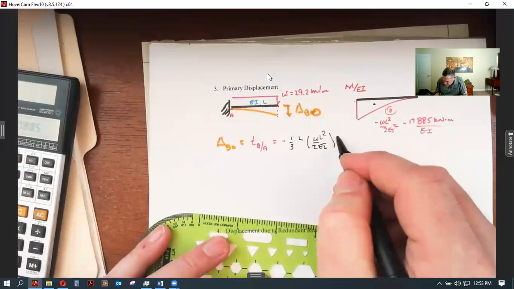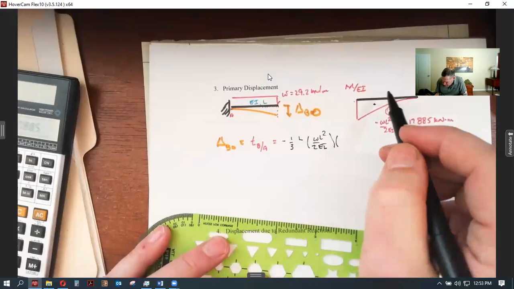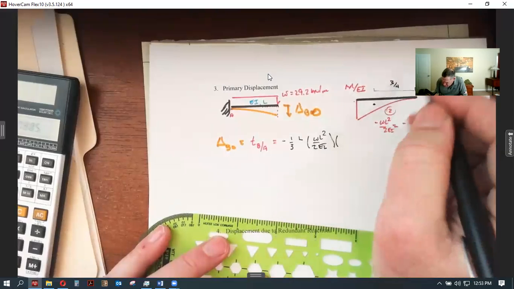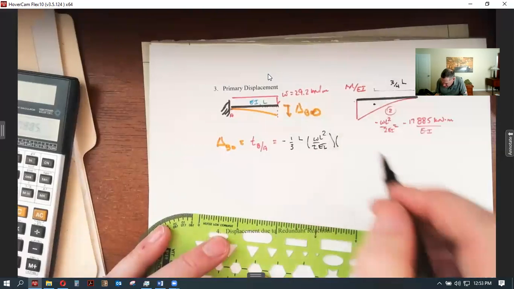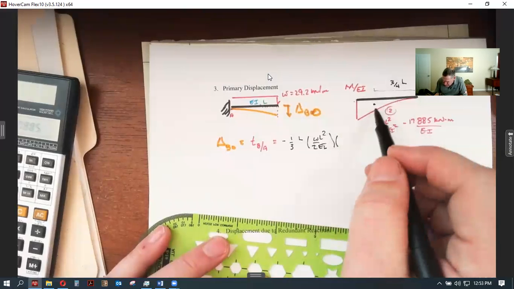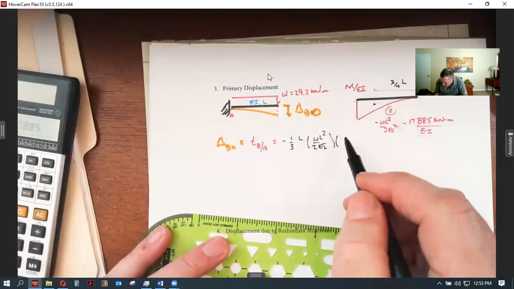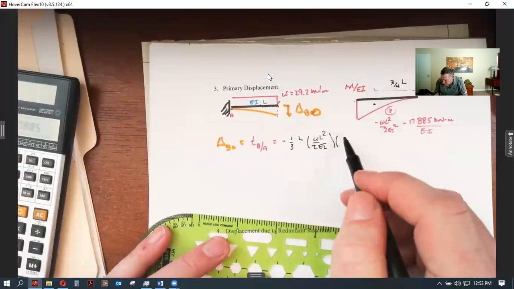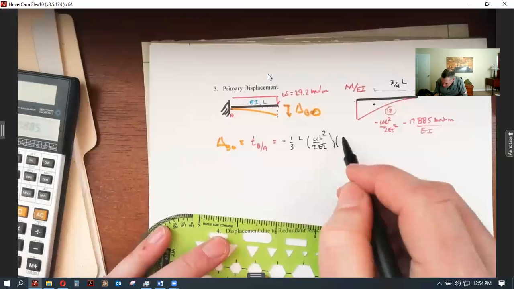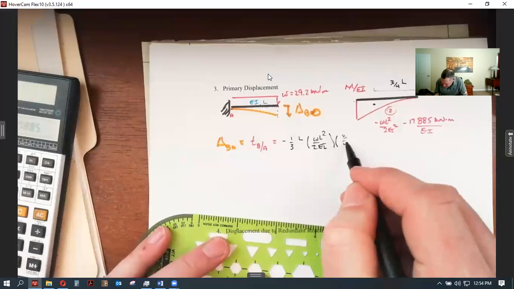And then we've got the moment arm, and you might have to look that one up, but that will be 3/4 of L, right? The triangle would be 1/3, 2/3. In this skinny parabola, it's the 1/4, 3/4. And if it was cubic, it would be 1/5, 4/5, as I recall. So we've got 3/4 L there.